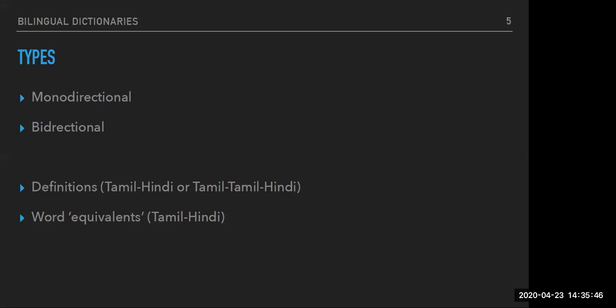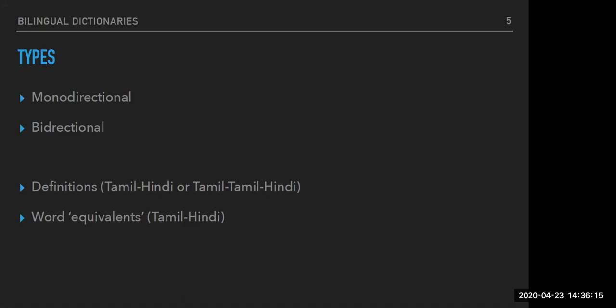So it could give you the word, it could give you an explanation in the target language, and then it could give you the equivalent word as well, right? So it could take a word like din, give you the definition of the word din, and then in English, it could say day. So that would be useful.